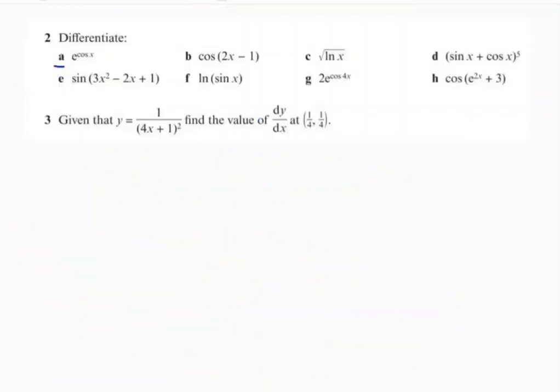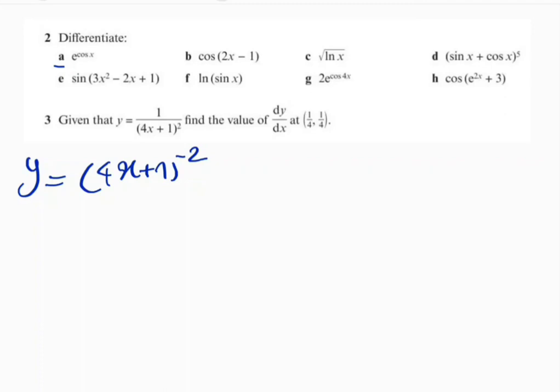Now let's do question 3. Given that y is equal to this function, find the value of dy/dx at 1/4. Right, so we just need to differentiate y. Let's rewrite y as (4x plus 1) to the power of minus 2, so that we can differentiate this easier.